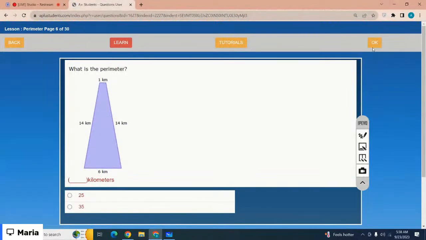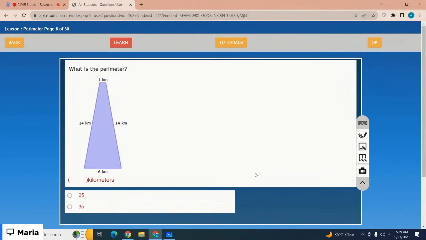Okay, what is the perimeter? Which is the correct option? So the correct option is 28, 29, 30, 35.